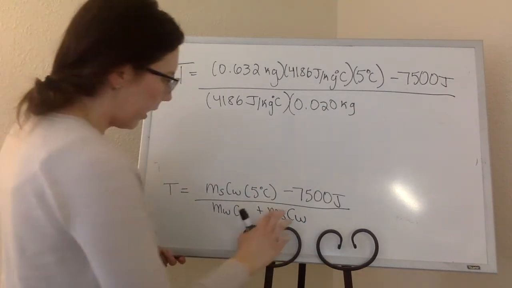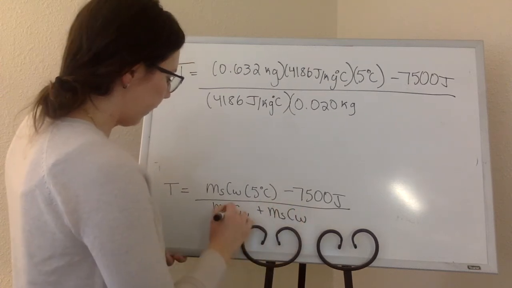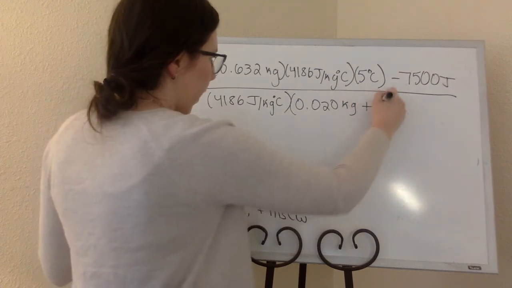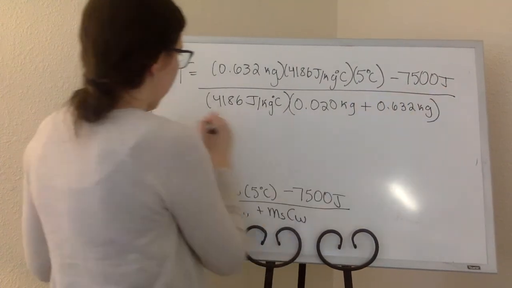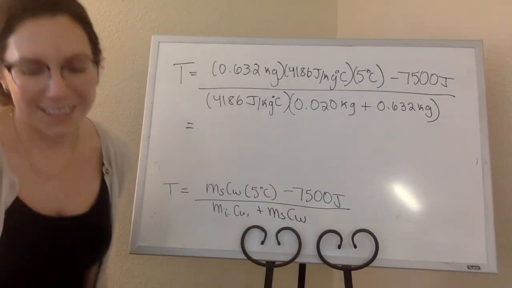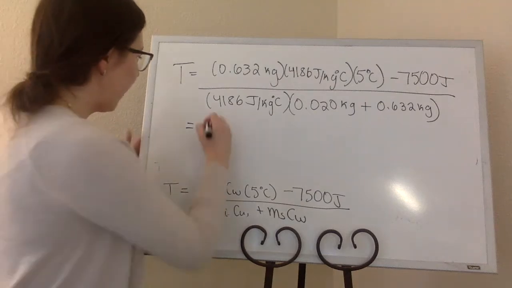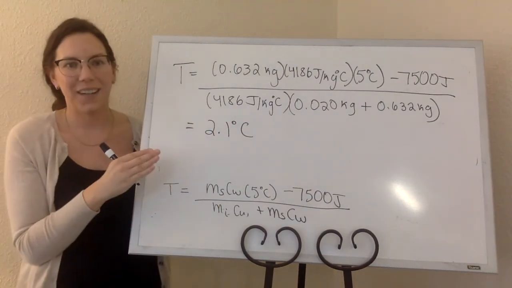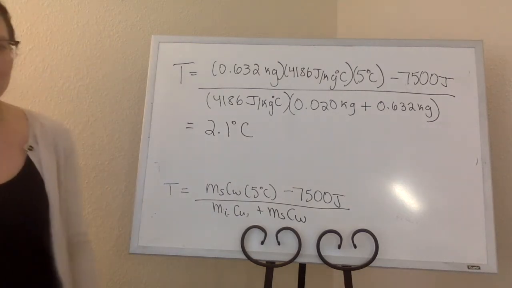So this was actually ice in here. Yeah, soda and then water, it was ice or melted water. 0.020 kilograms plus 0.632 kilograms to get the total. And that gives me 2.1 degrees Celsius. So it makes sense it ends up somewhere between 0 and 5 degrees, and that extra energy went into warming the ice.